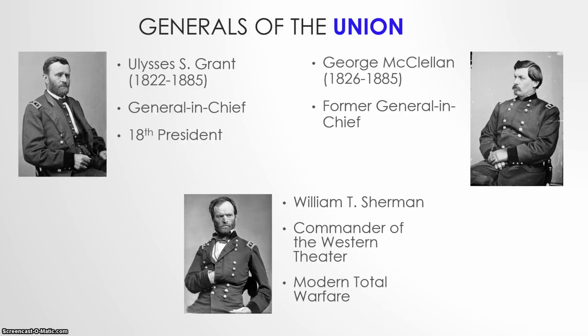And on the right we have George McClellan, who was the former general in chief. General Grant was actually promoted while McClellan was demoted as Abraham Lincoln saw fit that McClellan was not doing the job in preserving the Union.